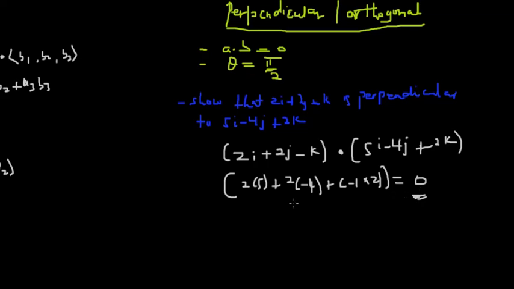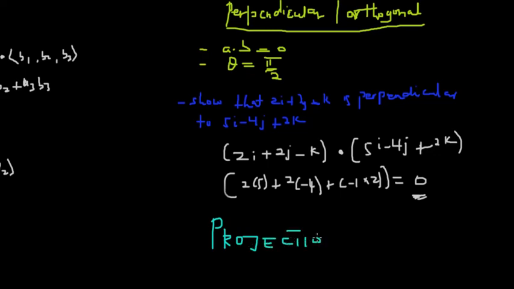So now let's move on to the last and final subtopic. So we have vector projections. When we talk about vector projections, we are trying to project one vector onto the other vector.